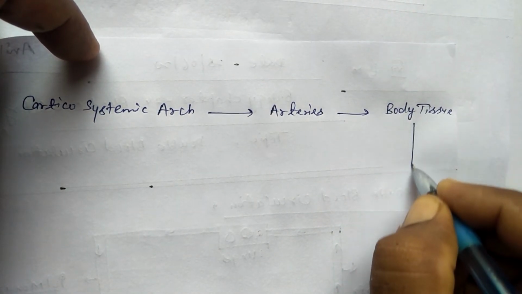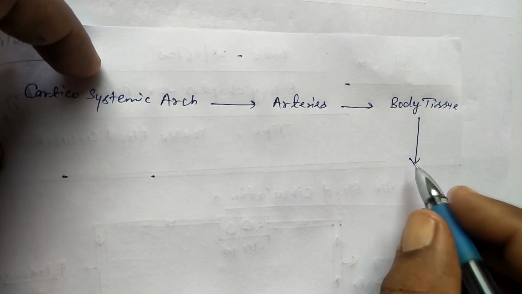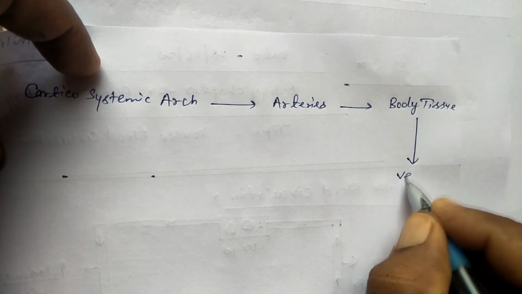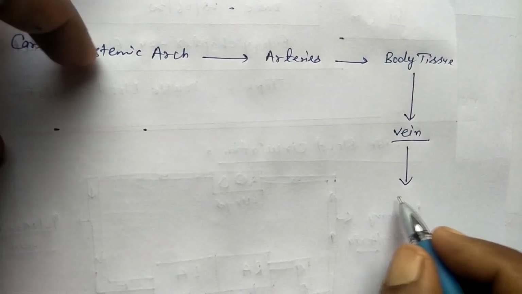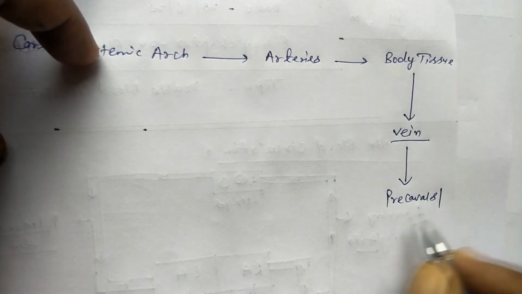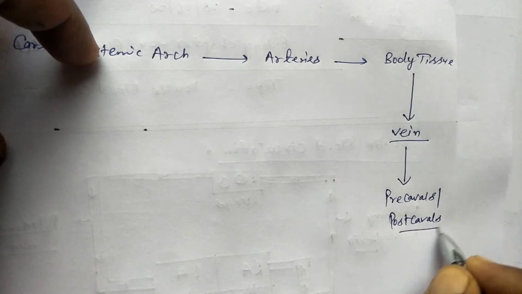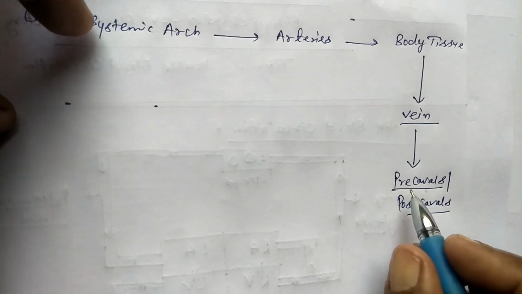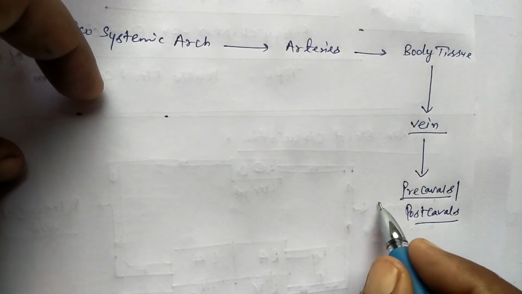In body tissues, during oxidation, impure blood is produced and carried by veins that open in precaval and postcaval. Another name is inferior and superior, and other name anterior and posterior vena cava.